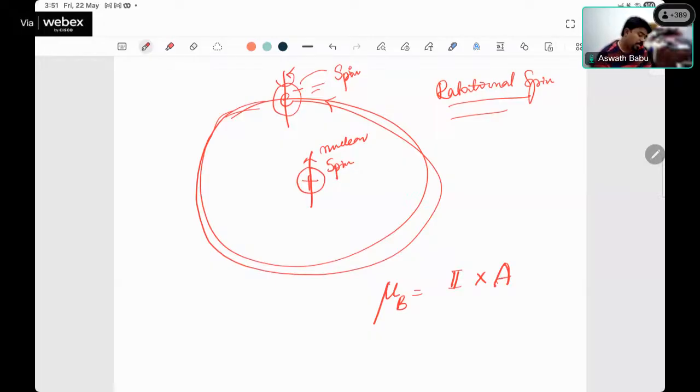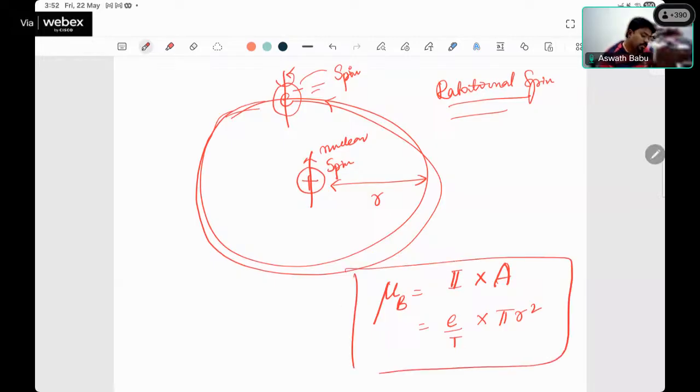For example, in the rotational dynamics case, the area is pi r squared, and the current constituted, if the electron is revolving through the entire orbit, is dq by dt, that is, charge over the time it takes to do one complete rotation, one time period. Okay, so this is how you can find out the magnetic moment for electron rotational dynamics.